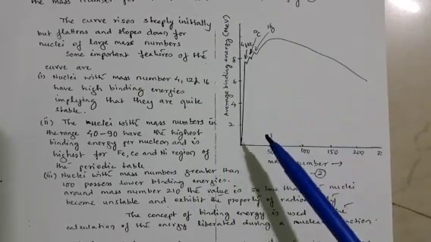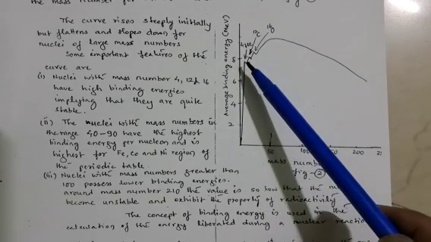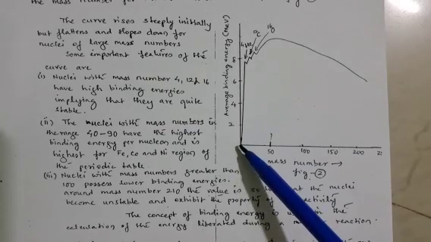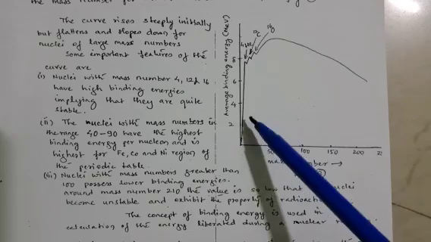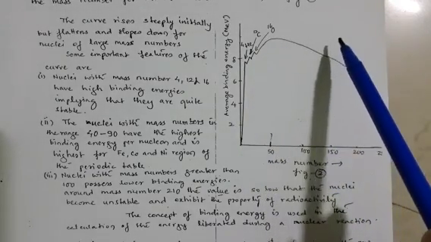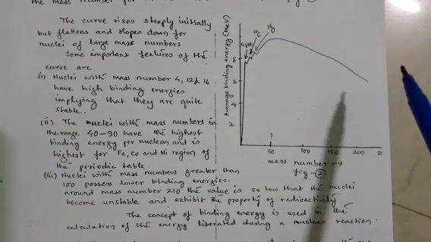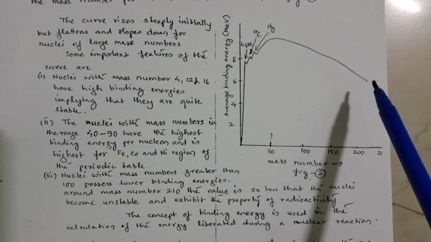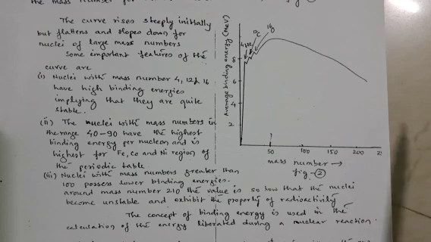The curve rises steeply initially, but gradually it flattens and slopes down, especially for nuclei of large mass numbers. From this graph, we can draw some important features.